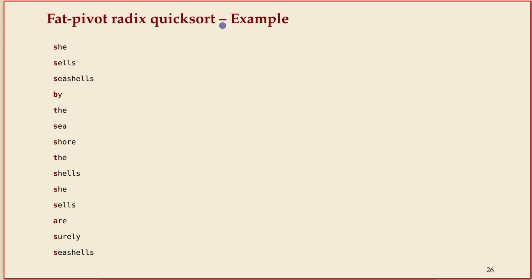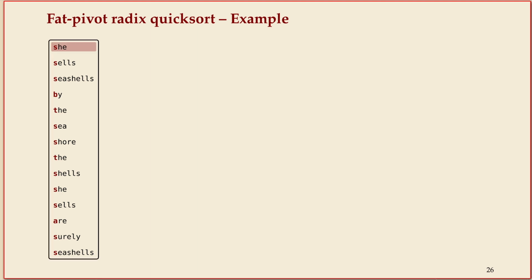And that is based on quicksort, but it takes advantage of the fact that we're sorting strings. And it works like this. We pick a pivot element, as always in quicksort, but we'll only look at the first character in this round. That's why these are highlighted.